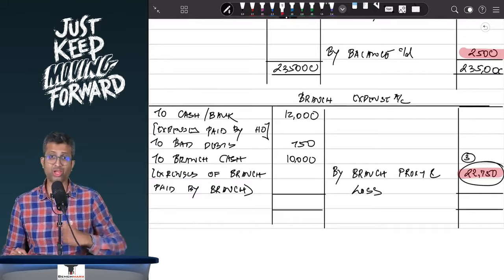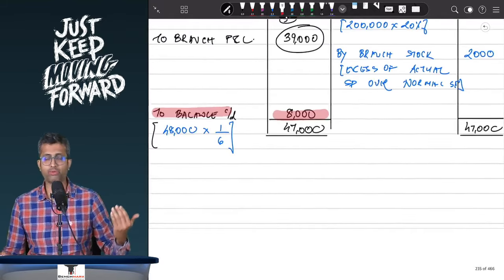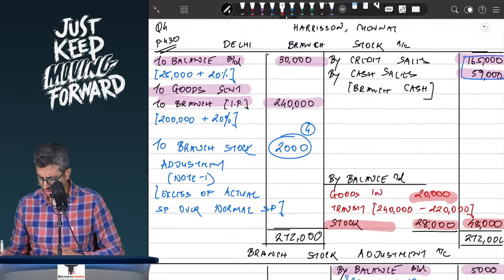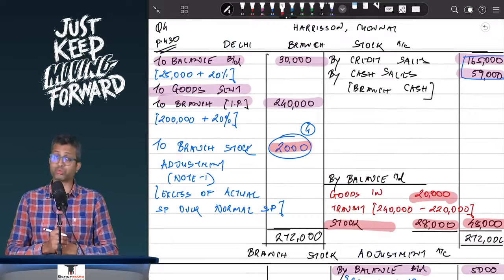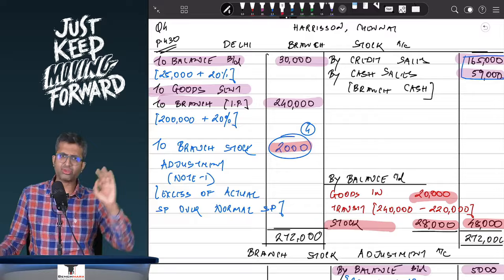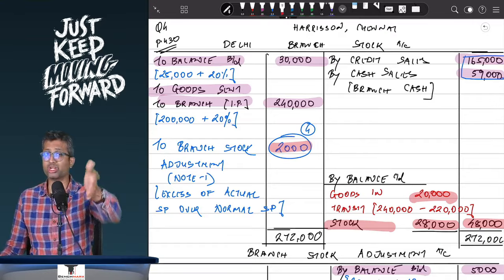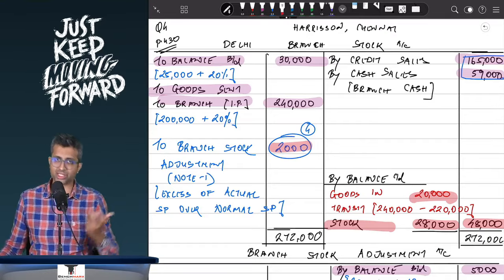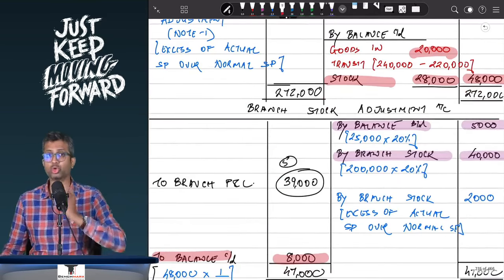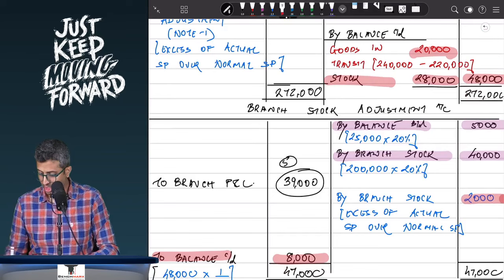So if you want to calculate the profits, well, over here, when you prepare the branch stock account, ideally the branch stock account should tally, but there's a difference of 2,000. Now this must be excess over invoice price. So maybe invoice price is 120, you sold it at 122, then the 2 rupees excess will be separately recorded because 20 has already been recorded. This is branch stock.